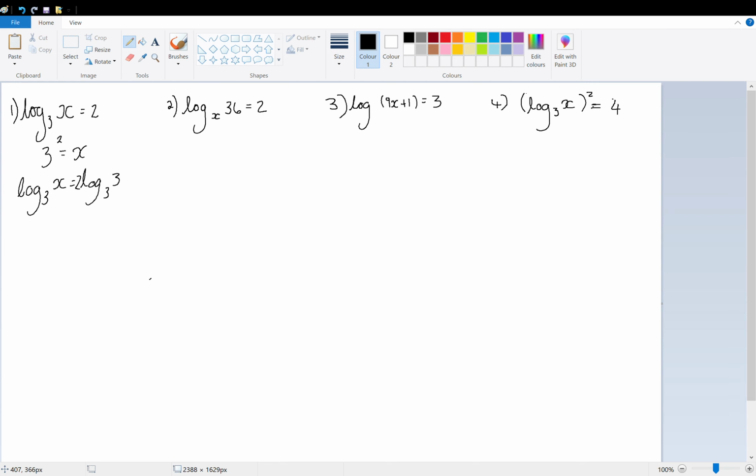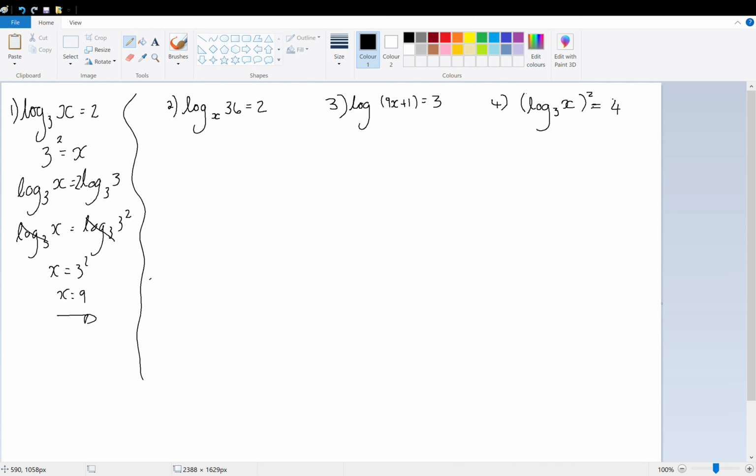Now my 2 has a log. My 2 becomes my power, because before I can drop my logs, I must make sure that there are no numbers in front of my logs. Now I can drop my log with its base. So x will become 3 squared. Therefore, x equals 9.